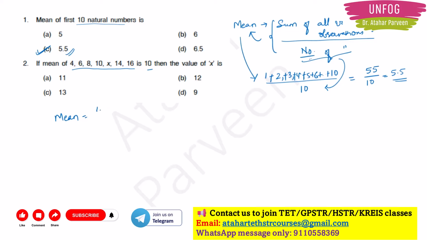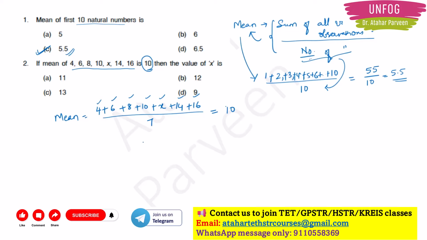We have to add: 4 plus 6 plus 8 plus 10 plus x plus 14 plus 16 divided by number of observations. How many are there? 1, 2, 3, 4, 5, 6, 7. So 7 will be there in the denominator. And this is equal to mean, right? What is the value of mean here? They have given 10. So mean will be 10.